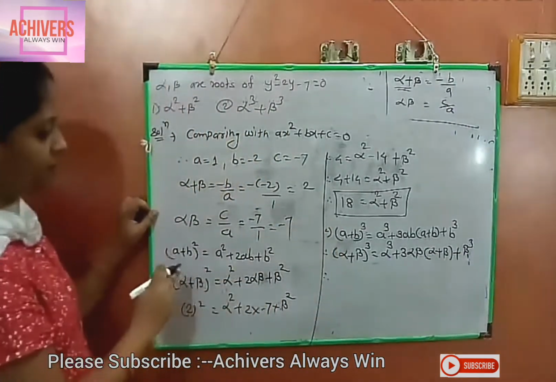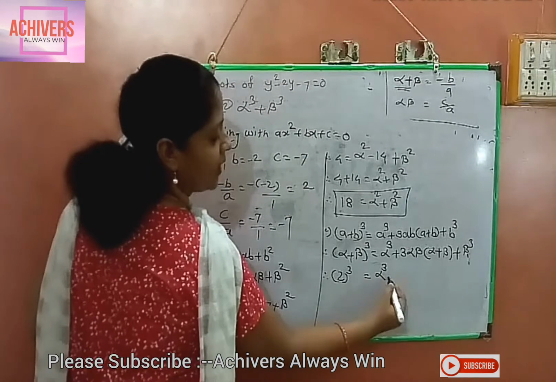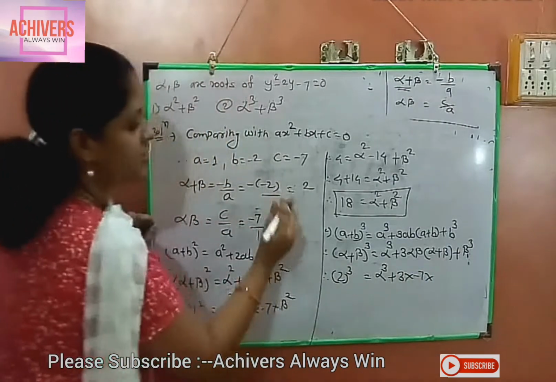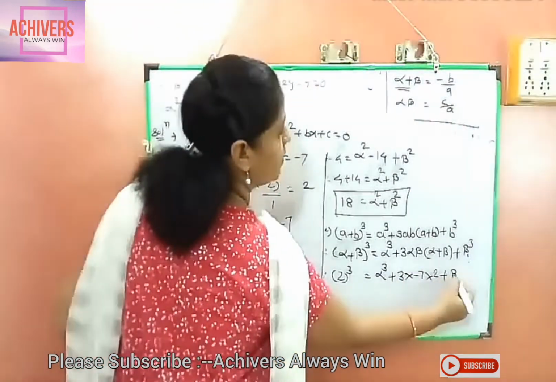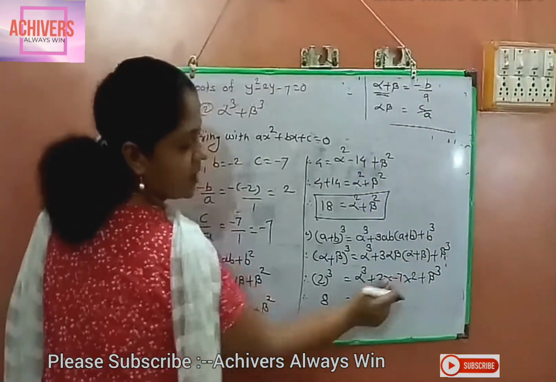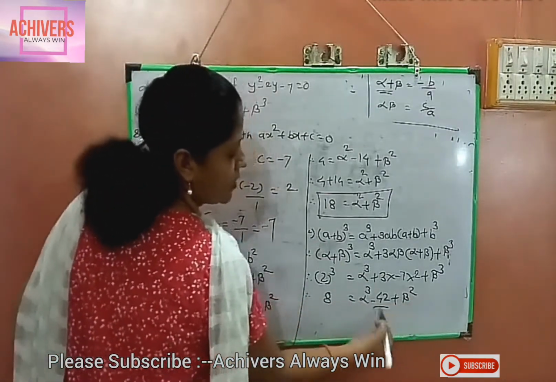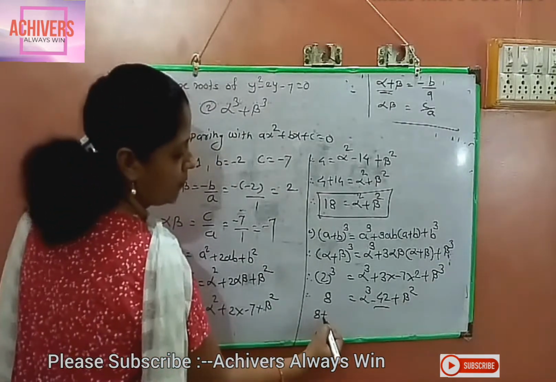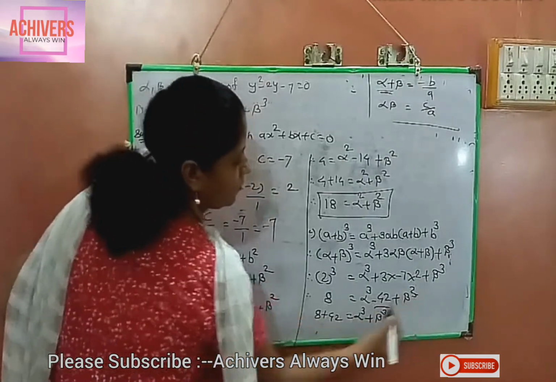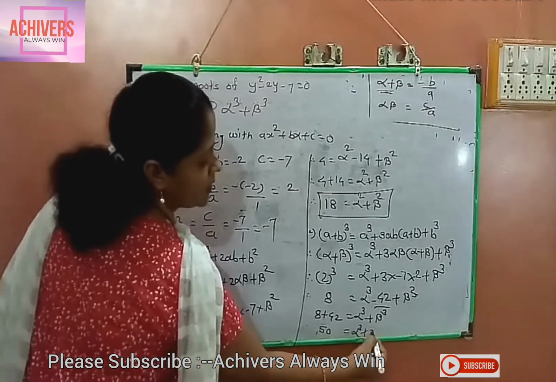Substitute alpha plus beta as 2 cube: alpha cube as it is plus 3 multiplied by alpha beta, minus 7, and alpha plus beta, 2, plus beta cube. 2 cube is 8, plus minus minus 3 sevens are 21 and 21 twos are 42, plus beta cube. Therefore 8 plus 42, 50, is equal to alpha cube plus beta cube.